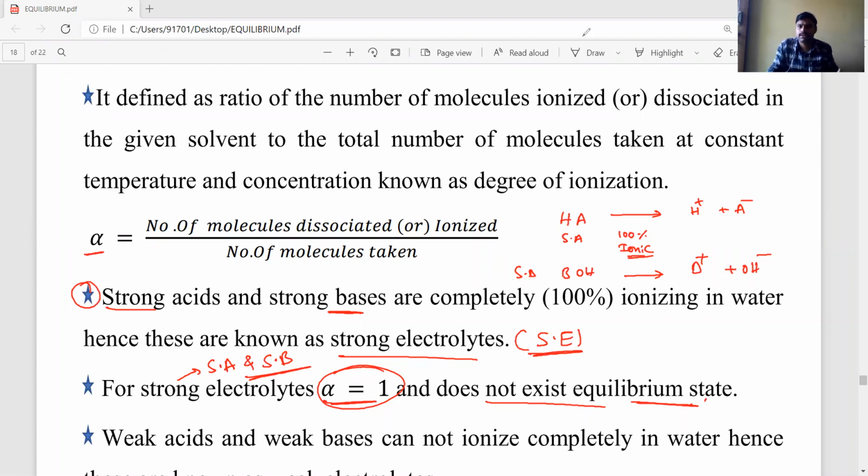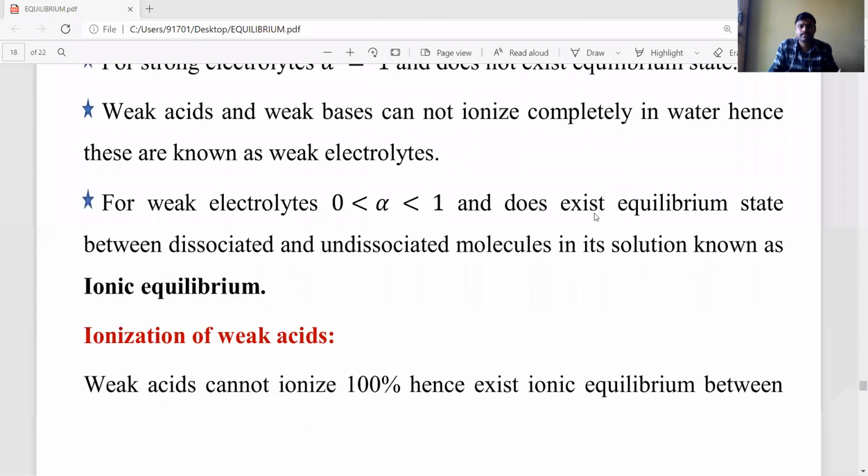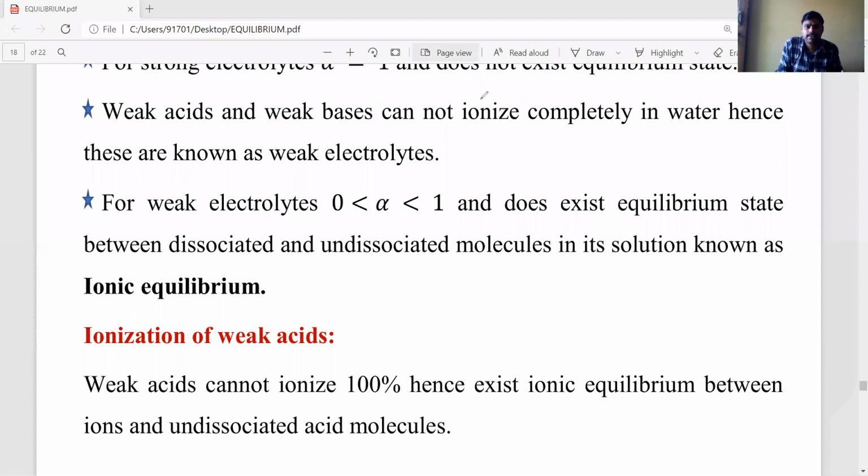Now you have to think about weak acids and weak bases. Weak acids and weak bases cannot ionize 100%. For example, HA is a weak acid. It is not 100% ionizing, meaning only some molecules ionize. For example, if there are 100 molecules, only 50% or 70% are ionized to give H plus and A minus.